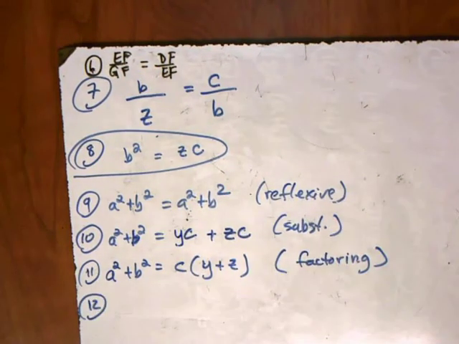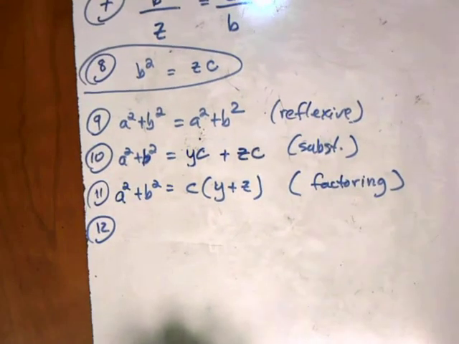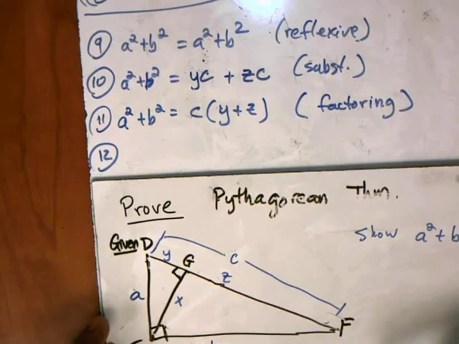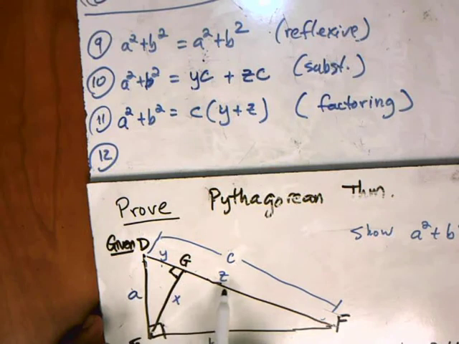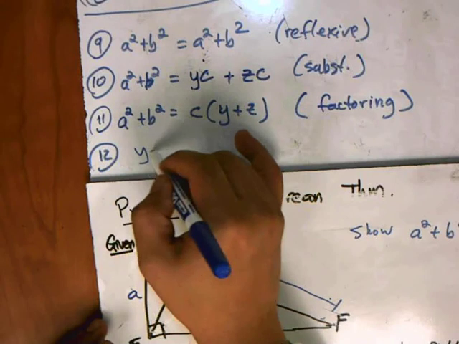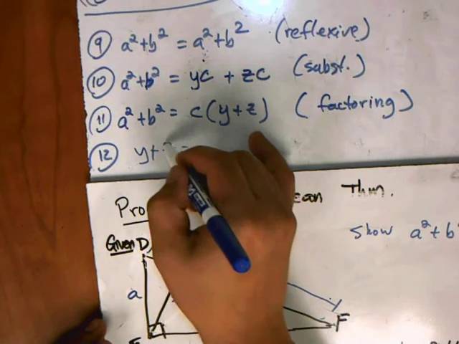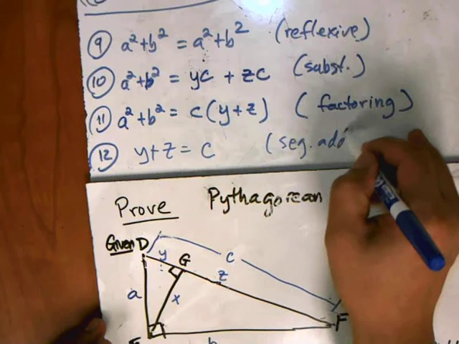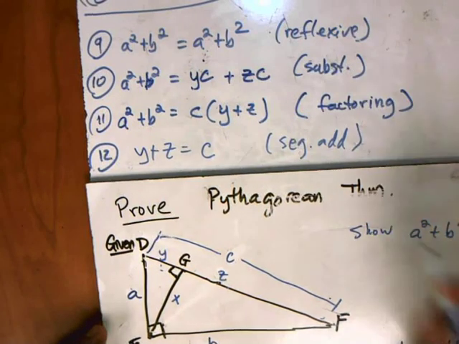But if you look back at our original picture, Y plus Z equals C. See this? Y plus Z is in fact equal to C. So I'm going to write this right here: Y plus Z equals C. And this is really the segment addition postulate.